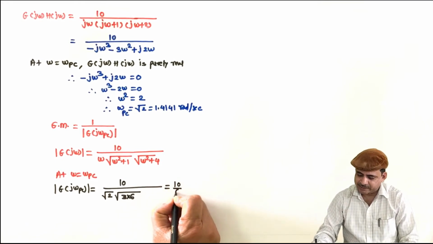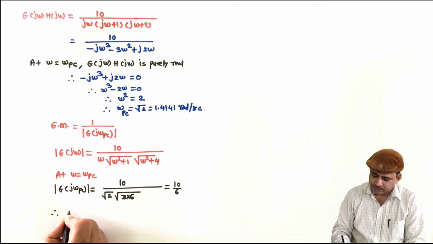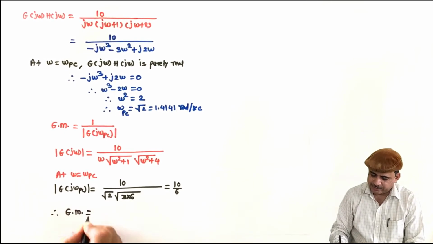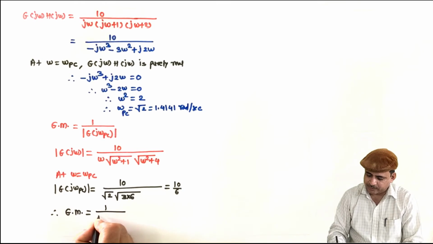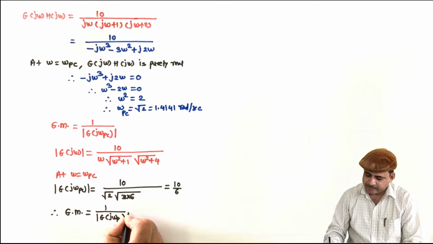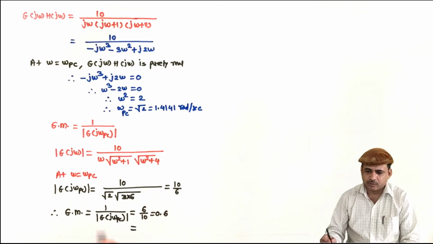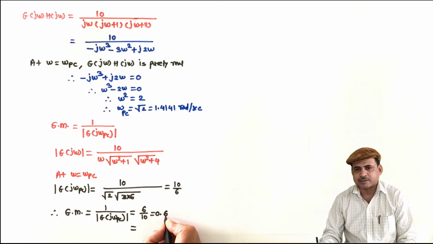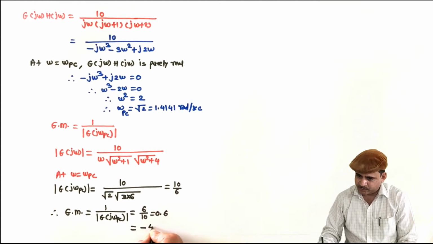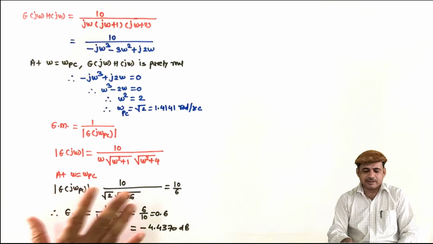So it is 10 by 6. So gain margin is equal to 1 upon magnitude of g of j omega pc is equal to 6 by 10, that is 0.6. And in dB, if I take log to the base 10 and multiply it with 20, I am getting this as minus 4.4370 dB. Okay, so gain margin is obtained.